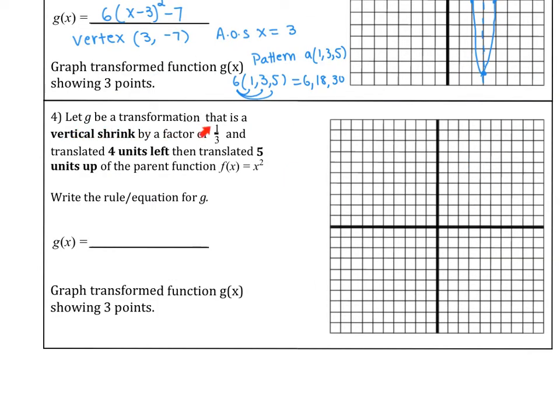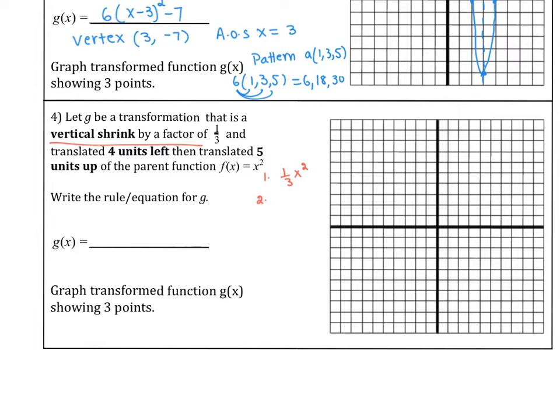Let g be a transformation that is a vertical shrink by a factor of 1/3. So this is happening in the beginning. So 1/3 is going to be your first step, (1/3)x². The next part is translate this 4 units left and then translate 5 units up.